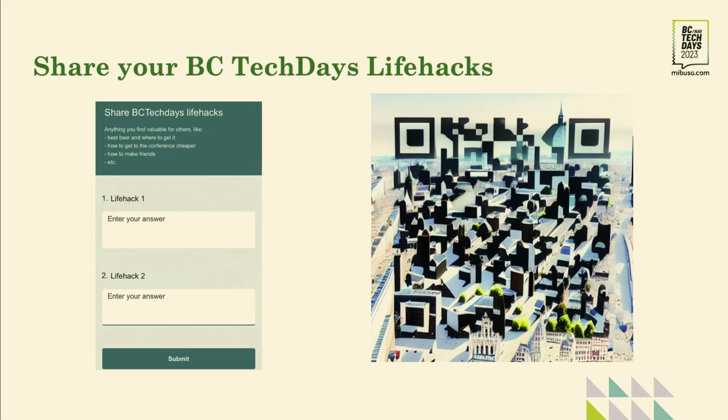So can you just scan this nice QR code generated by AI and write your response. Yeah, there is a simple form you can just fill in, providing some life hack.